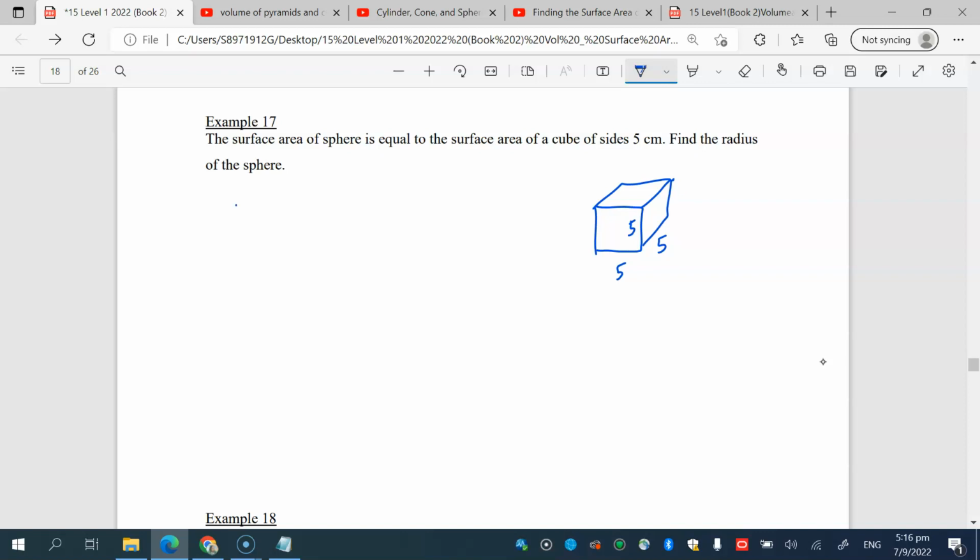There are 6 sides for a cube, right? And each of the sides will be 5 times 5. So surface area of cube is just going to be 6 times 5 times 5, right? So 25 times 6 is 150 cm square.